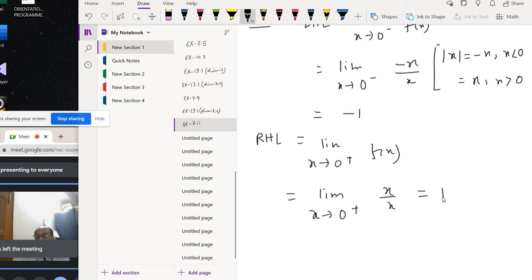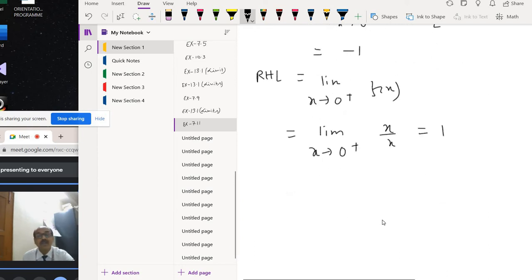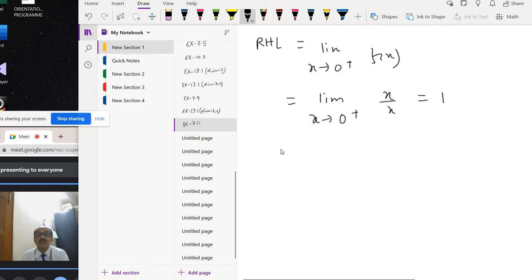So the left hand limit is -1 and the right hand limit is 1. Both are not the same. Therefore the left hand limit is not equal to the right hand limit, so this limit does not exist at x equal to 0.